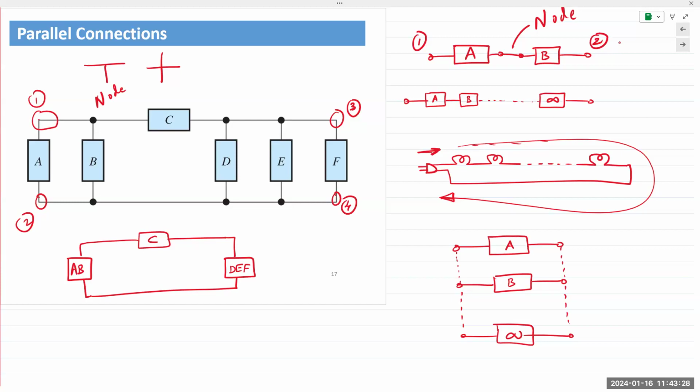But collectively, A and B together is in series with C, and D, E, and F together is in series with C. So you have to keep that in mind. Again, step by step. The first step is to combine everything that you see in parallel together and everything that you see in series together. If your first step is incorrect, the rest of your problem or analysis will be incorrect.